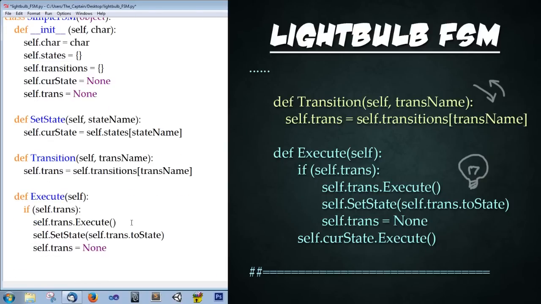And finally, unindent from out of that if statement and type self.curState.execute, open close parentheses. So what's going on here is if there is a transition stored within self.trans, then we will execute that transition. We will set the current state to whatever that transition is to, and then we'll reset the transition to a value of None. And finally, we'll go ahead and execute that current state.